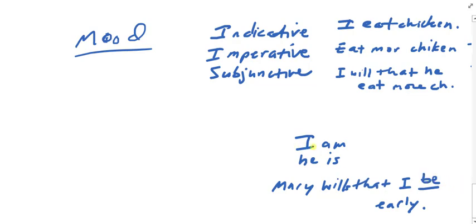Normally it's I am early if it's a statement of fact, right? That's indicative mood. I am early. But here Mary isn't saying that I am early. Mary is willing that I be early, right? I'm not early. This is something future to the time of speaking and it's contingent. I might be early, I might not. It's a matter of her desire, right? And I use English subjunctive mood for that.